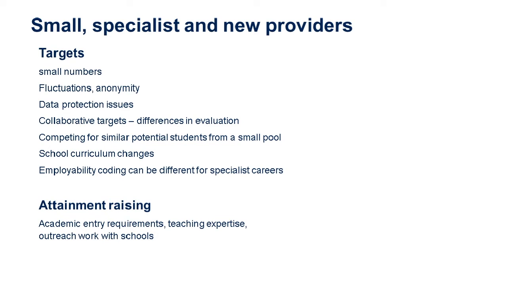So attainment raising, again, this is something that we've been speaking to providers about over the last few years, in that academic entry requirements, obviously, can be difficult for specialist providers to actually support. Teaching expertise might be in specific areas, and outreach with schools, we also hear, can be problematic due to schools not wanting to perhaps engage with smaller or more specialist providers.